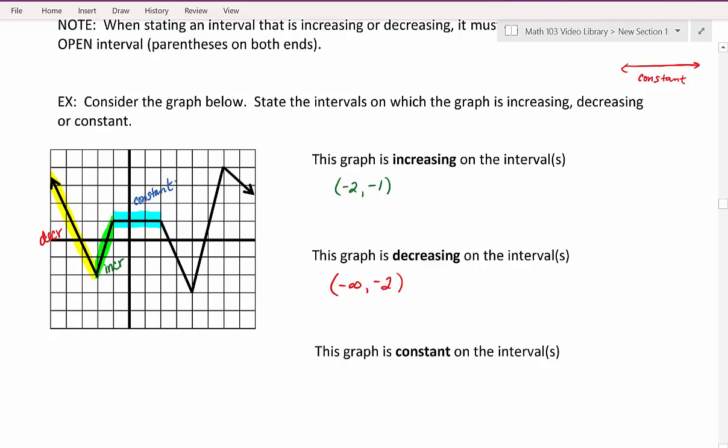And now we want to state the intervals, the x values for that portion. The smallest x value, well, it starts right here at -1, and then our largest x value in this interval, +2. The graph is constant on the interval -1 to 2.